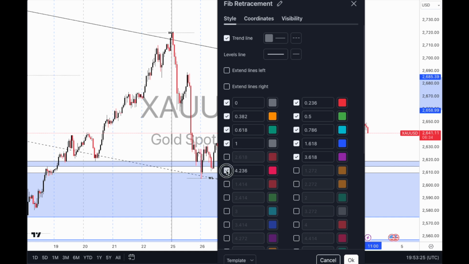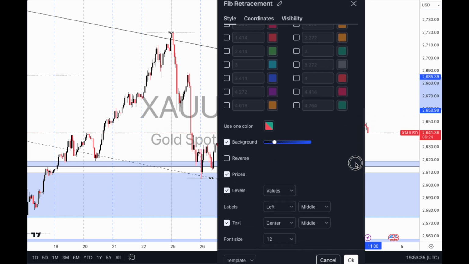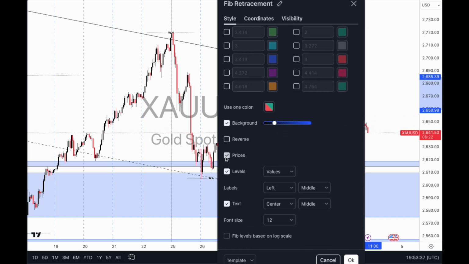we don't want this, we don't want that, we don't want that, and we don't want that. And we're going to keep the levels. We're going to center the labels, and we're going to get rid of that as well.